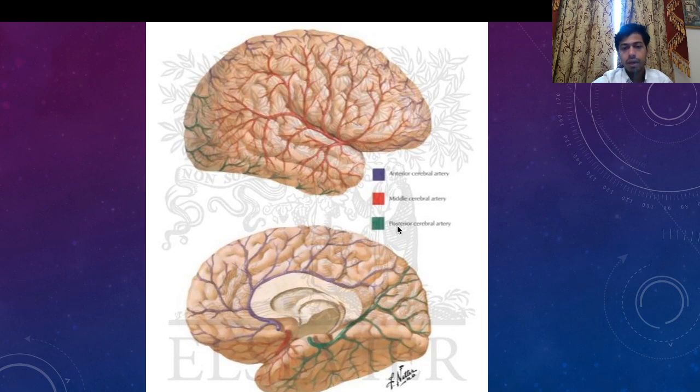And the third artery is the posterior cerebral artery. So the posterior cerebral artery will be mainly supplying the occipital lobe and the inferior margins also of the temporal lobe, and the most inferior part of the brain.